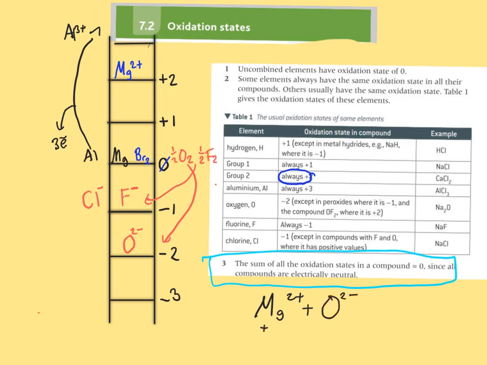That's got an oxidation state of +2, that's got an oxidation state of -2 because it's the same as the charge on the ion. The overall compound has got no overall charge. So when you add +2 and -2 together, they cancel out. So the compound should have no overall charge.